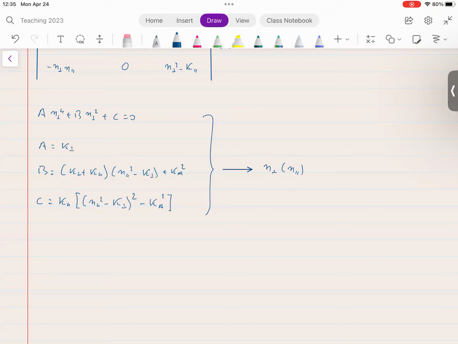But that's some good news for the efficiency of the current drive.